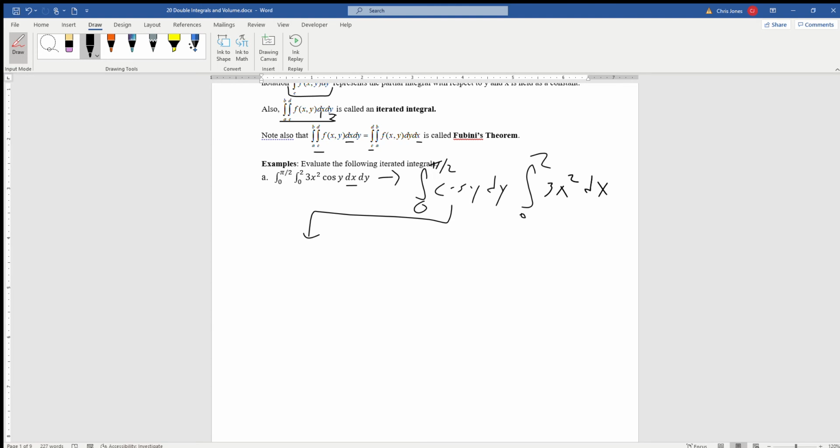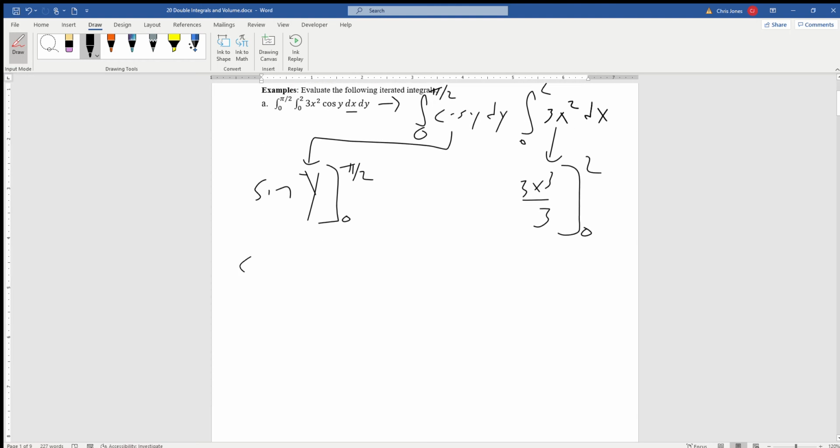Now we can go through and evaluate each integral individually. Antiderivative of cos is going to be sine, so we get sine of y from 0 to pi halves. And then we get 3x cubed over 3 from 0 to 2. And using our fundamental theorem of calculus, we get sine of pi halves minus sine of 0, times 2 to the third minus 0 to the third.